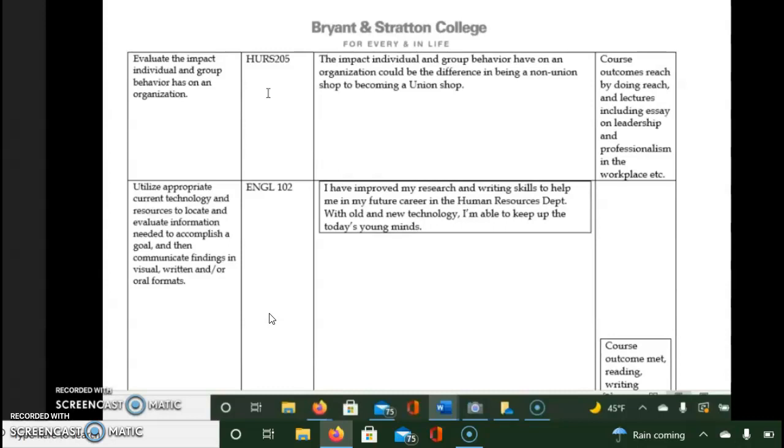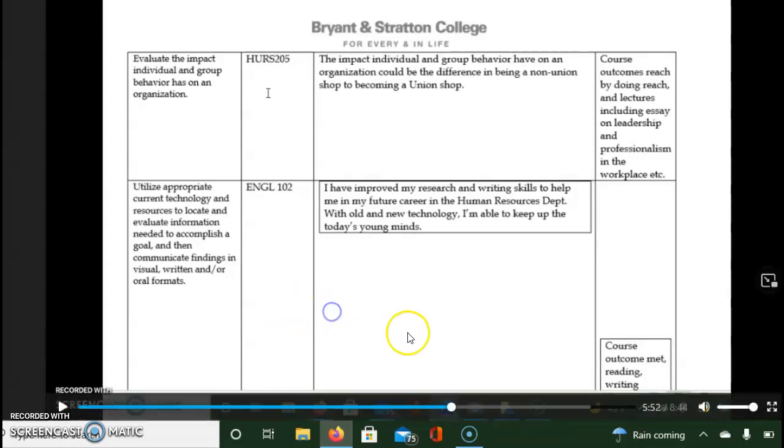Next course, Human Resources 205. Program Outcome. Evaluate the impact individual and group behavior has on an organization. Brief description. The impact. By doing research, lectures, including essays on leadership and professionalism.